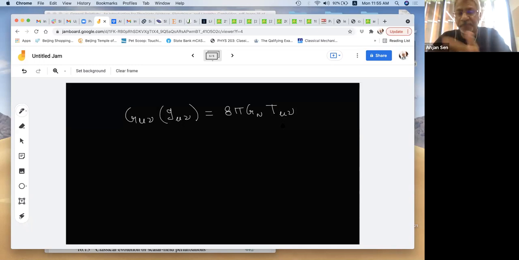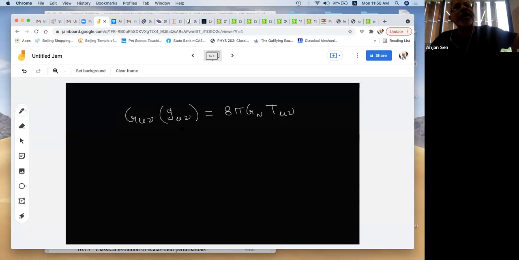So what in principle should one do? One should take not the homogeneity and isotropy, but all the inhomogeneity in the universe, take care of that, solve this, get a G mu nu, and then average this G mu nu over a large box of 200 megaparsec.